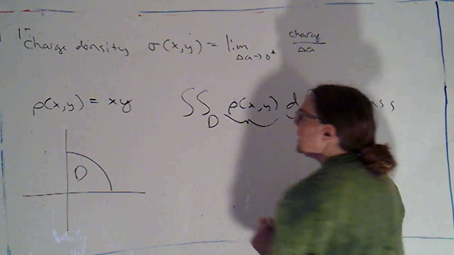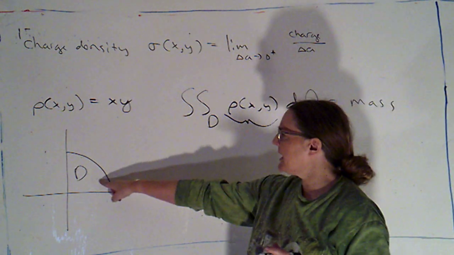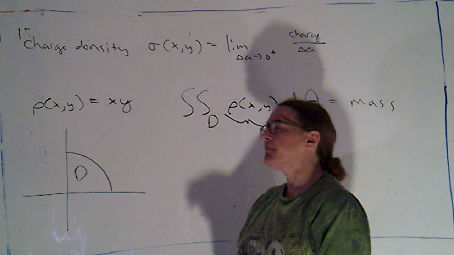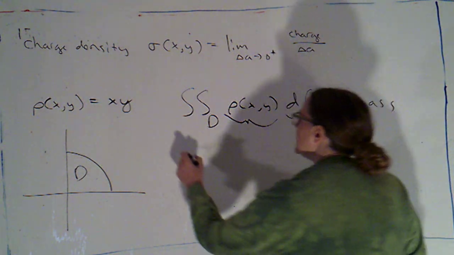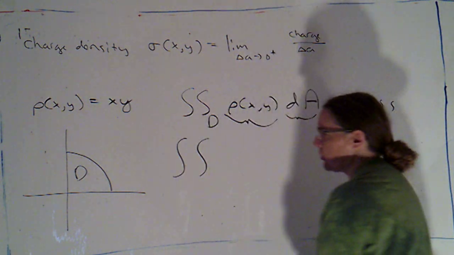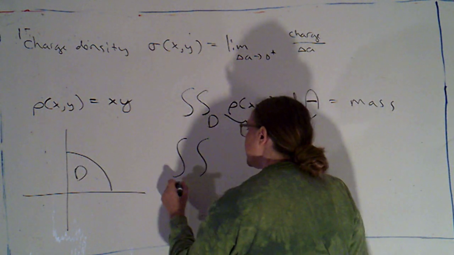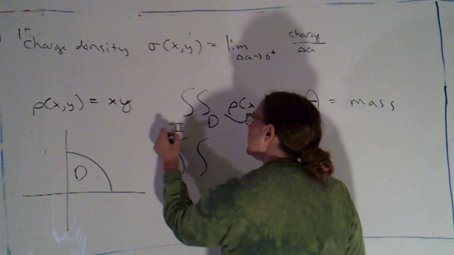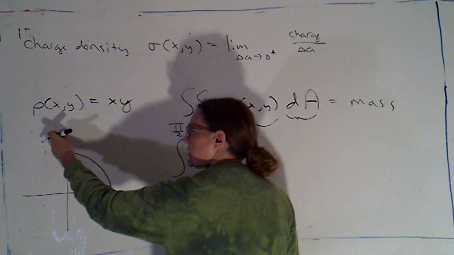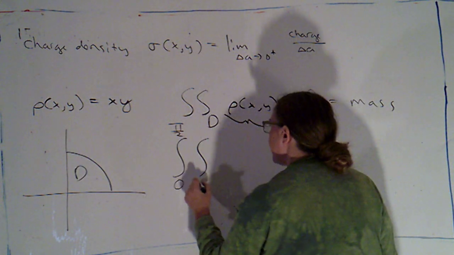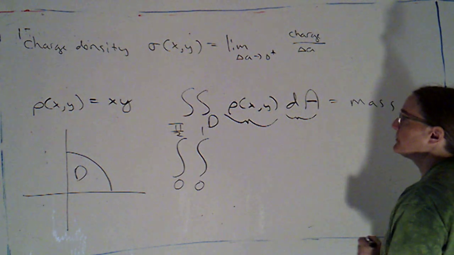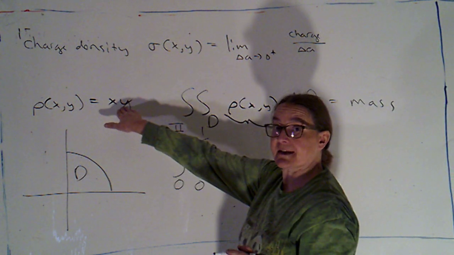So let's see, if this is my lamina, I think I want to work in polar coordinates. If we're working in polar coordinates, and this was the unit disk, I know that my theta will be going from 0 just to pi over 2, so that I just get the portion that's in quadrant 1, and r is going from 0 to 1. Then my density function was xy.